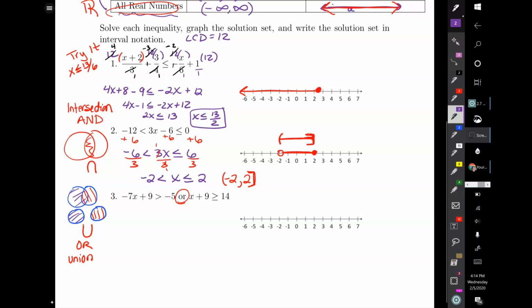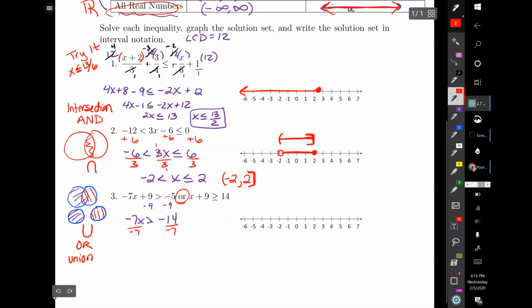So the first one we have here is negative 7x plus 9 is greater than negative 5. So we're going to work that one down. We're going to subtract 9 from both sides. We get negative 7x greater than negative 14. Now from there we're going to divide both sides by negative 7.